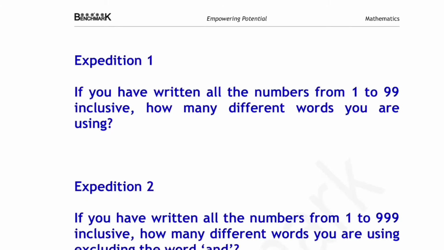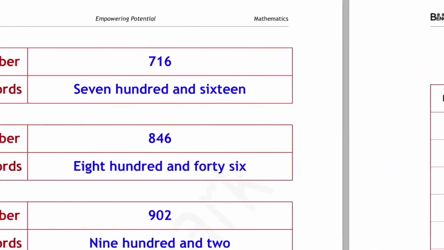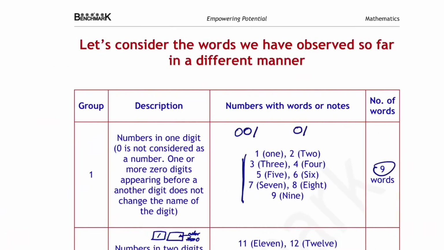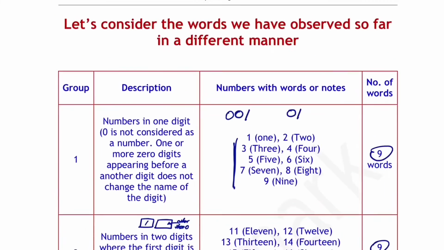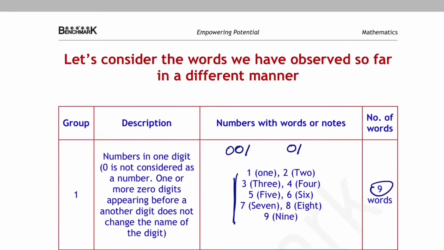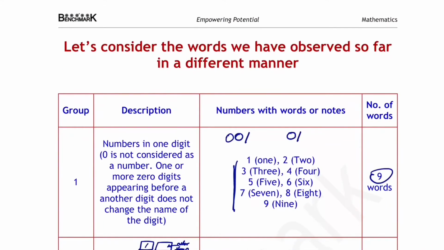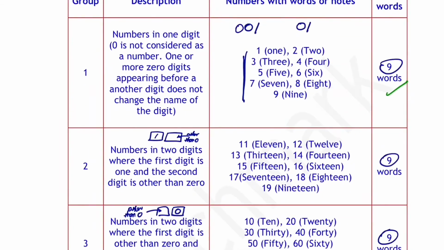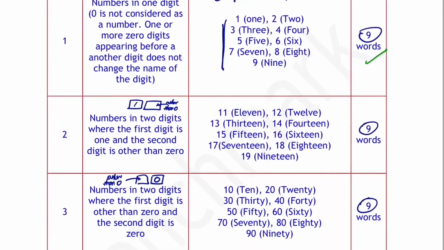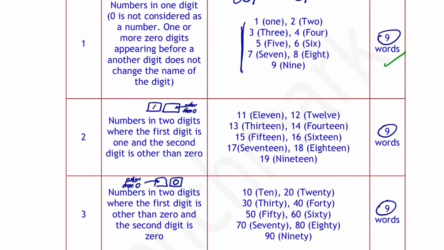Now I will explain this situation from the previous grid I have used. When you are writing all the numbers from 1 to 99, you meet one digit numbers. For one digit numbers, we have 9 words. Further, in 2 digit numbers, we identified 3 subcategories.